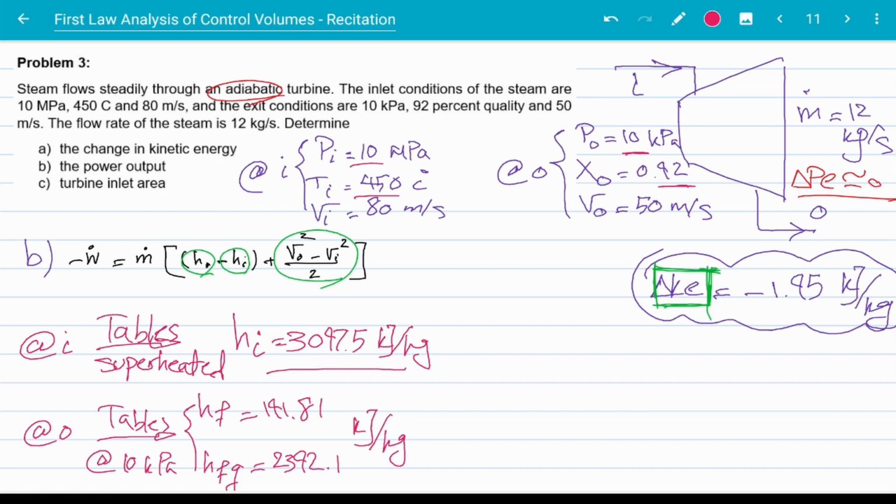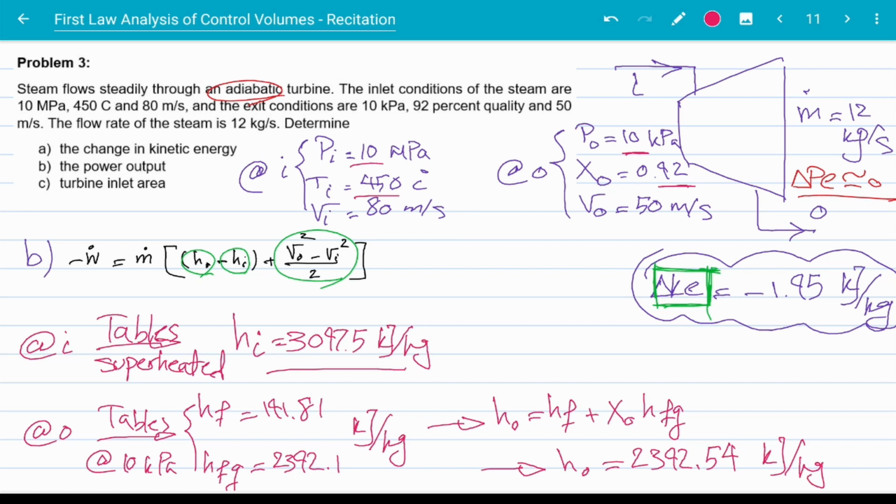And then I can use the quality equation saying h_o is h_f plus quality times h_fg, and then plug numbers and get that h_o is actually 2392.54 kilojoules per kilogram.